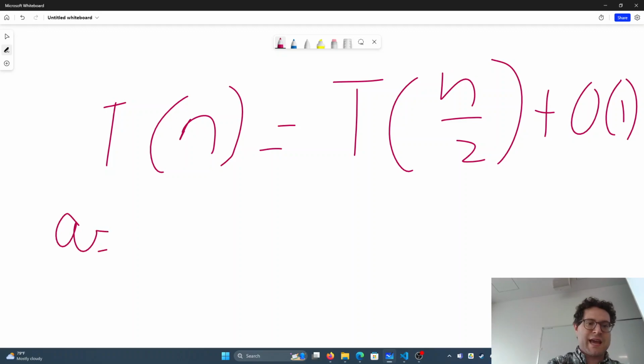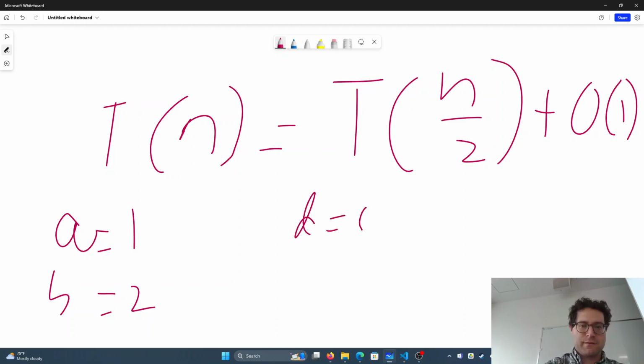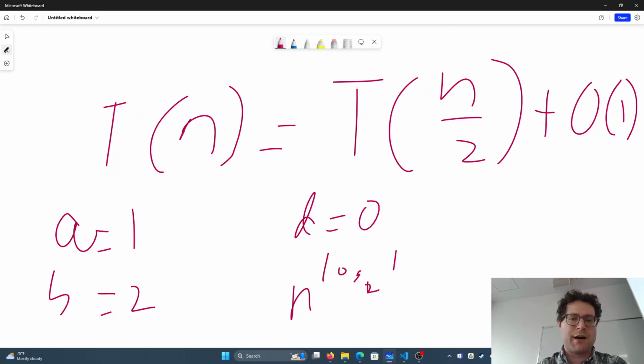So in this case, A is equal to 1, B is equal to 2, d is equal to 0 again. So this gives us n to the log base 2 of 1.